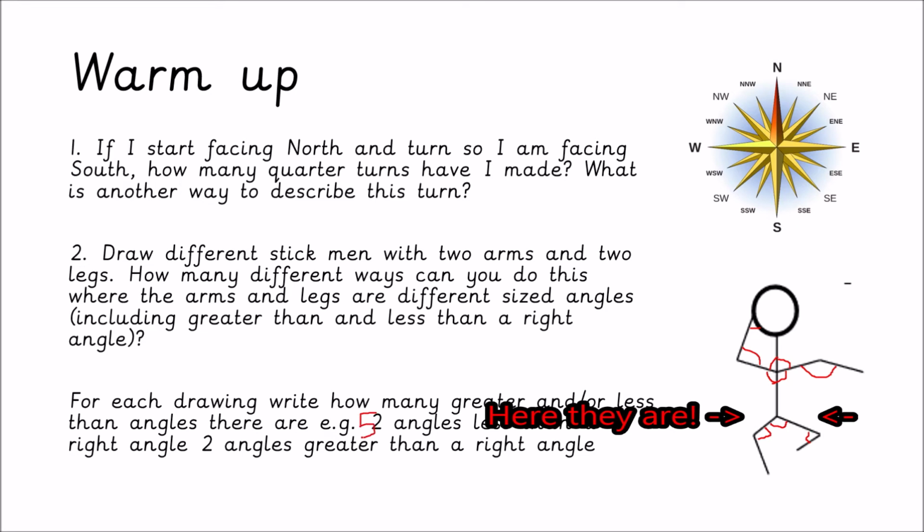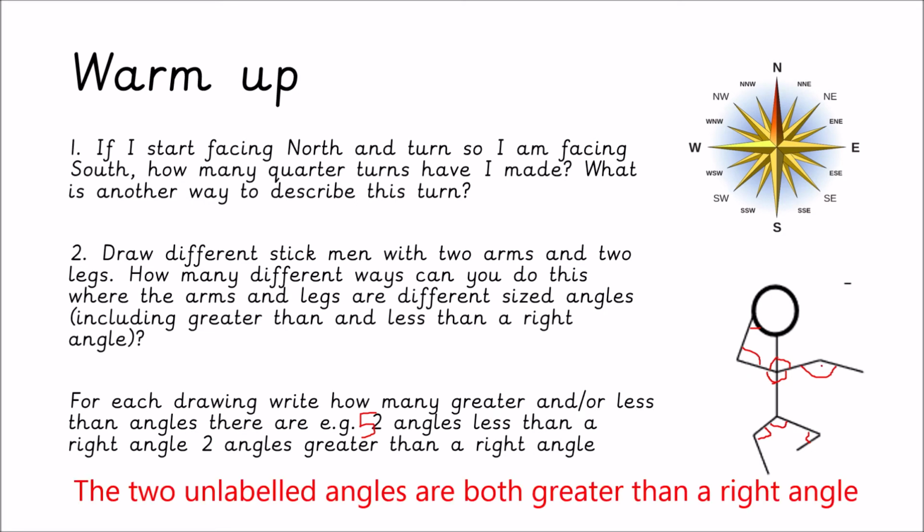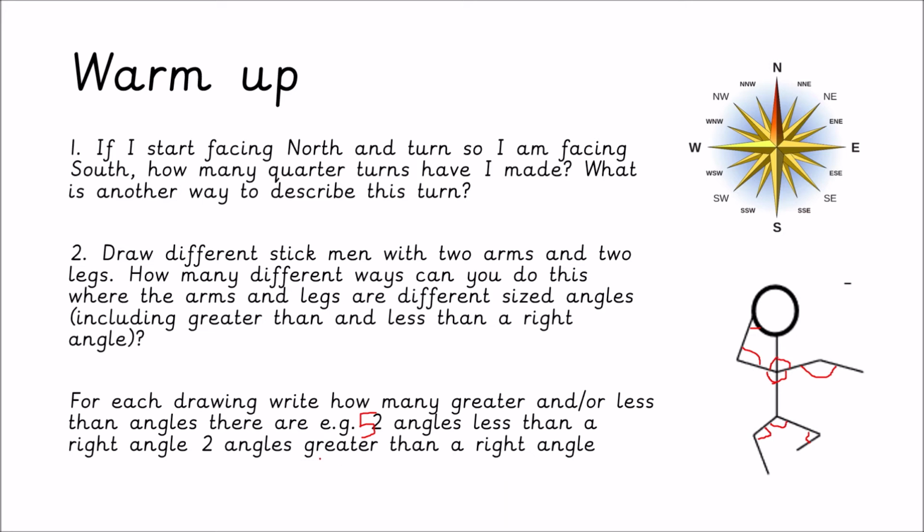And how many greater than a right angle? Well, you've got 1 here, 2, 3, 4, 5 greater than a right angle. So hopefully you'll have done something similar with your stick people.